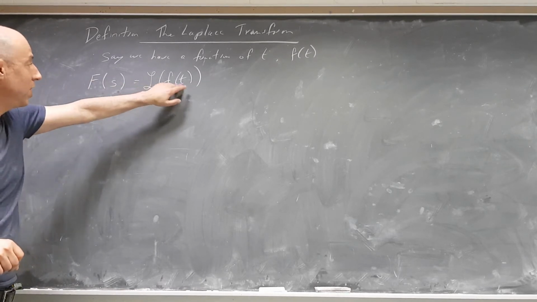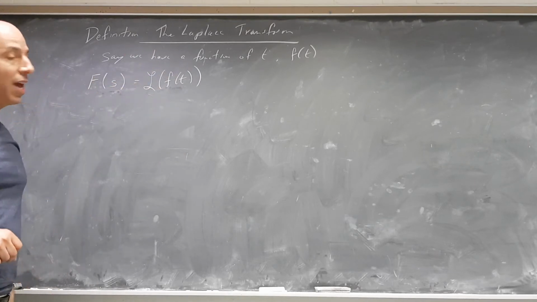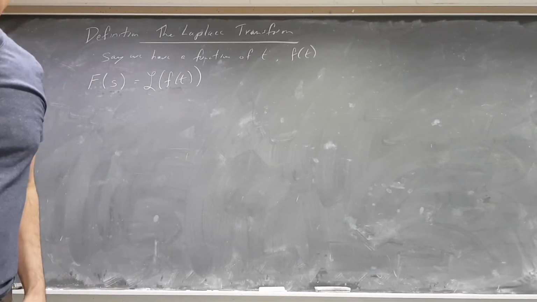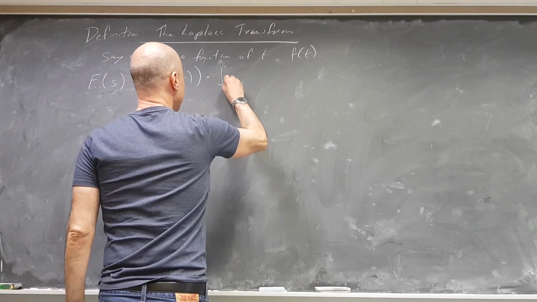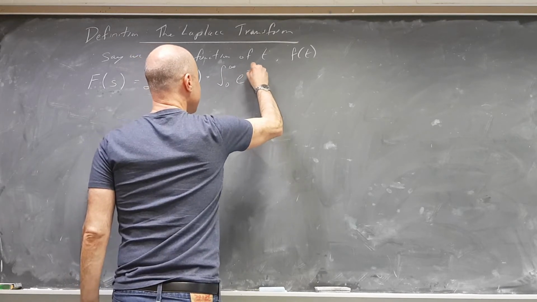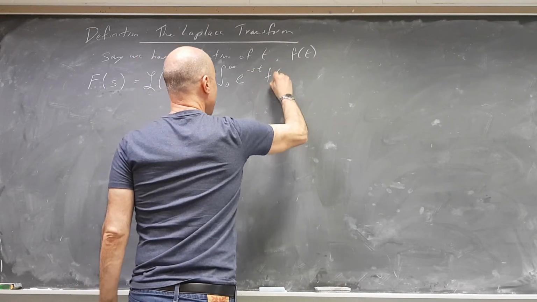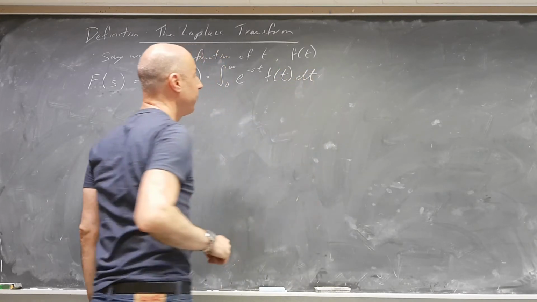So whatever the name of the function, y, f, we'll call it capital F. And this is the definition: the integral from 0 to infinity of e to the minus st times f of t dt.